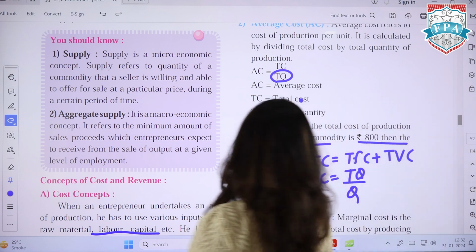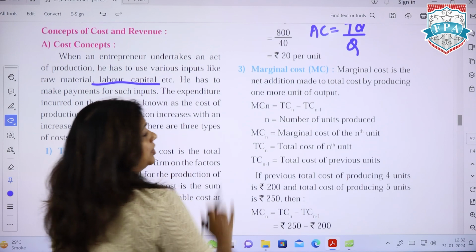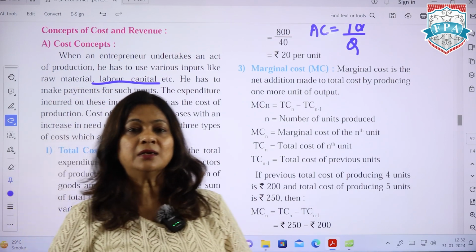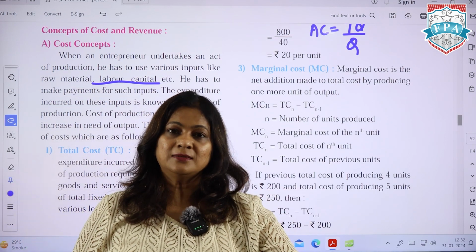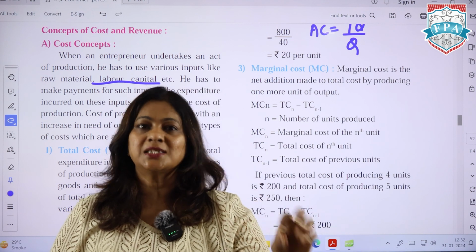Coming up to marginal cost, guys, marginal cost is the cost which you incur for producing the additional unit, the last unit.